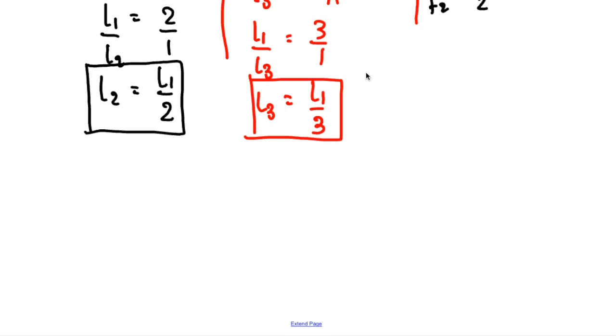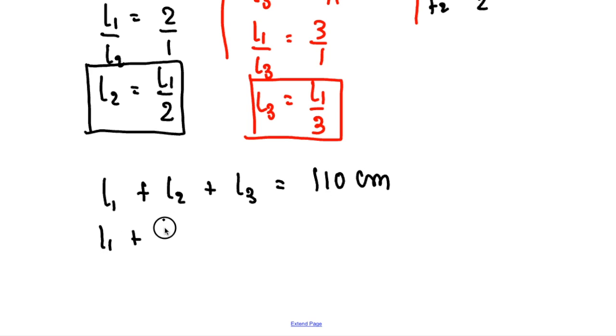Now substituting all the values in our standard relation, that is L1 plus L2 plus L3 is equal to 110 centimeter. So L1 plus L1 by 2 plus L1 by 3 is equal to 110 centimeter.